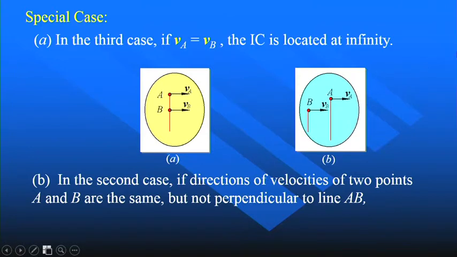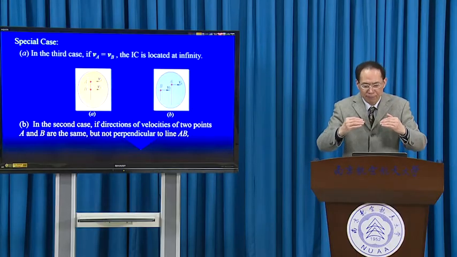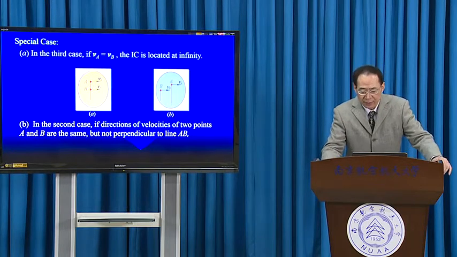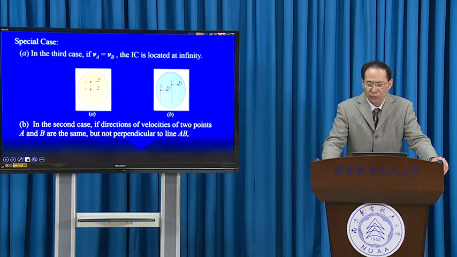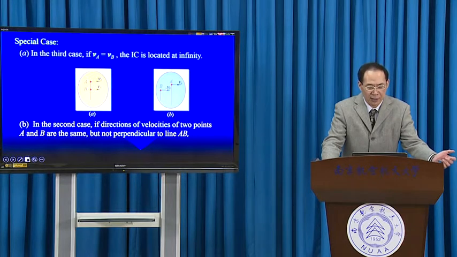Originally case 2 had velocities with different directions, but now if the two velocities are parallel, and the connection of A and B is not perpendicular to the velocity, this is case B. In this case, we use the method of the second case.